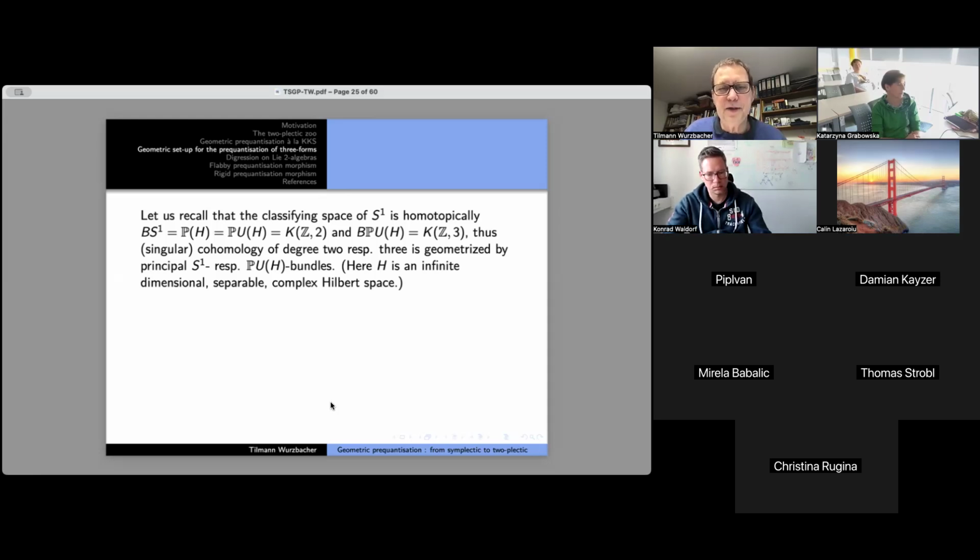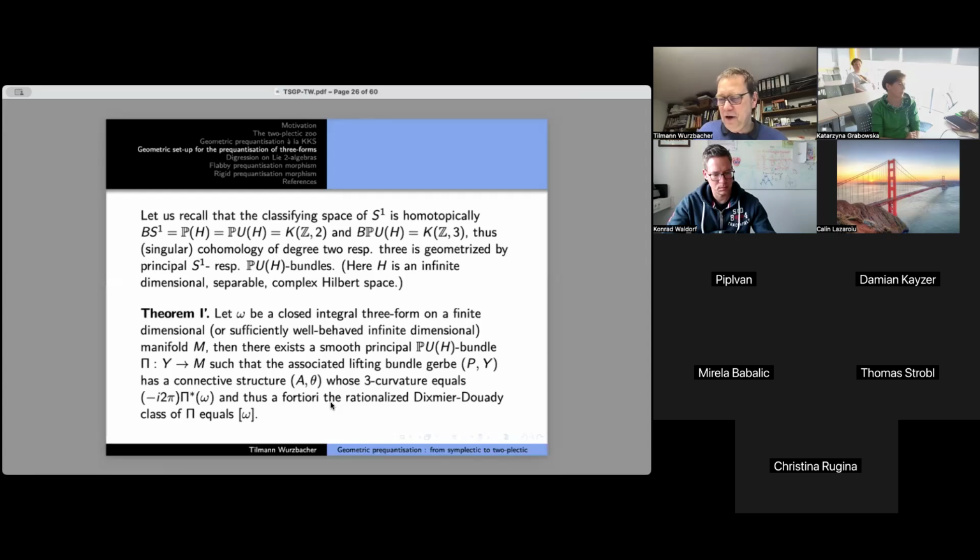So this means that the third integer cohomology is geometrized not by principal S1 bundles, but by principal PUH bundles. Otherwise it's similar. Of course, there's a small hic, as we say in France, that PUH is a Banach-Lie group, but it's not finite dimensional.